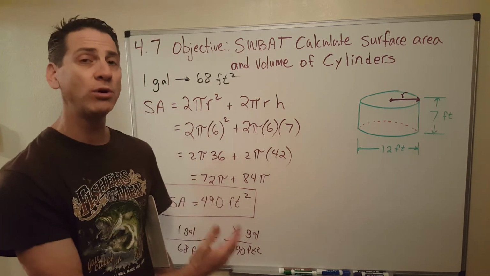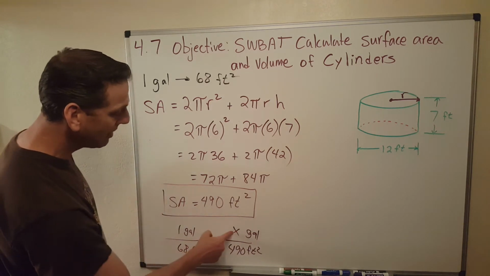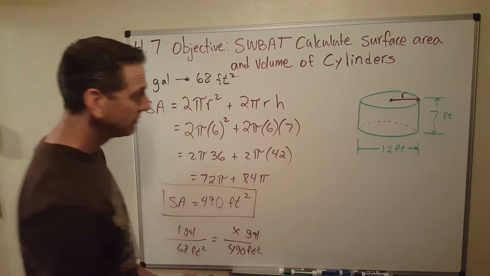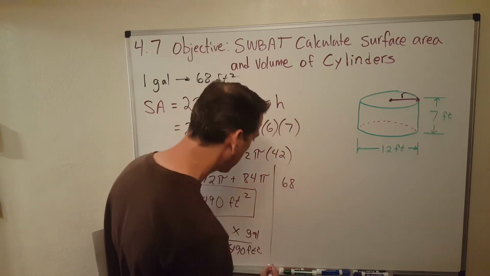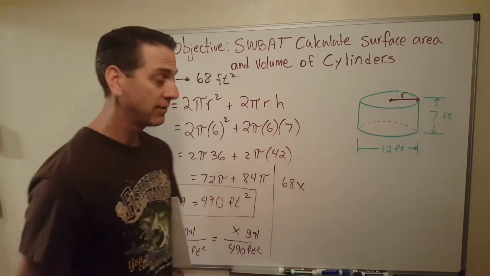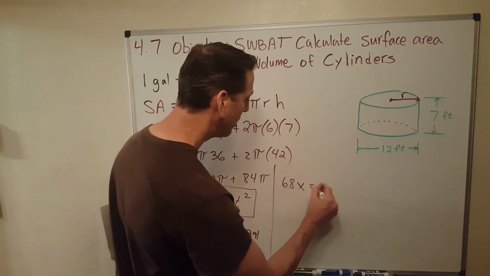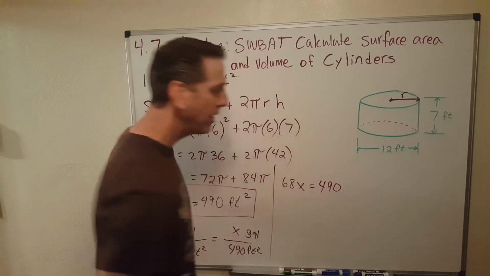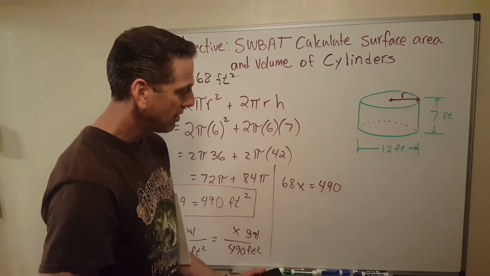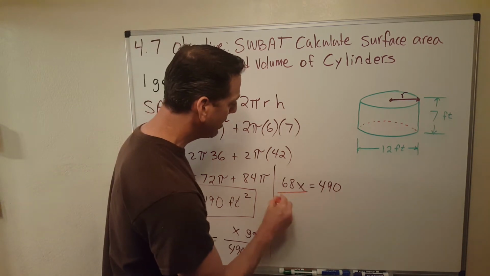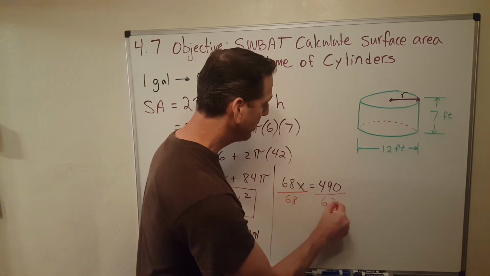The way I solve a proportion is by cross multiplying. So I get 68 times x, which is 68x. And 1 times 490, of course, is 490. Now to solve for x, I simply divide by 68 on both sides.